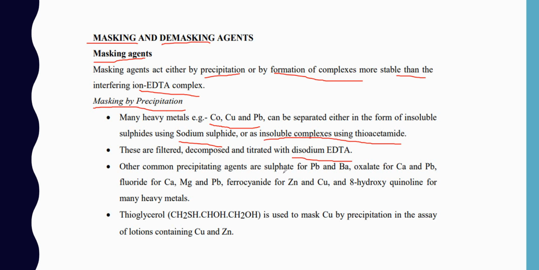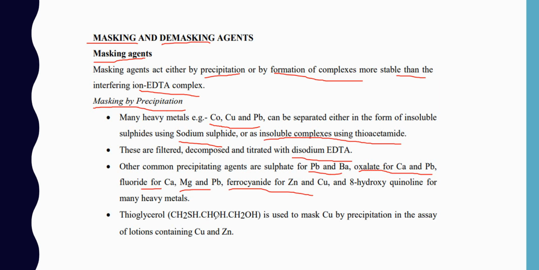Other common precipitating agents are sulfate for lead and barium, oxalate for calcium and lead, fluoride for calcium, magnesium and lead, ferrocyanide for zinc and copper, and 8-hydroxyquinoline for many heavy metals.